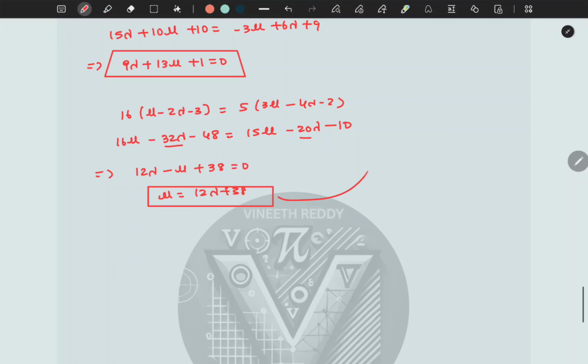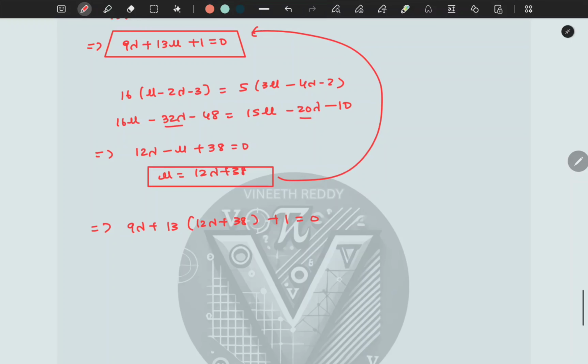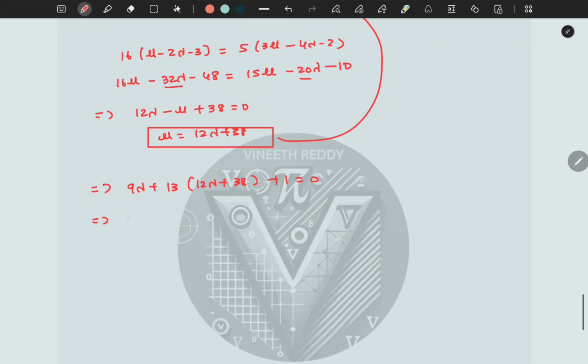I guess. So if I substitute this in this equation, I get 9 lambda plus 13 into 12 lambda plus 38 plus 1, right? So we have 9 lambda plus now 13 into 12. 13 into 12 is nothing but 12 plus 1 into 12, so it should be 144 plus 12, which is 156, I believe.